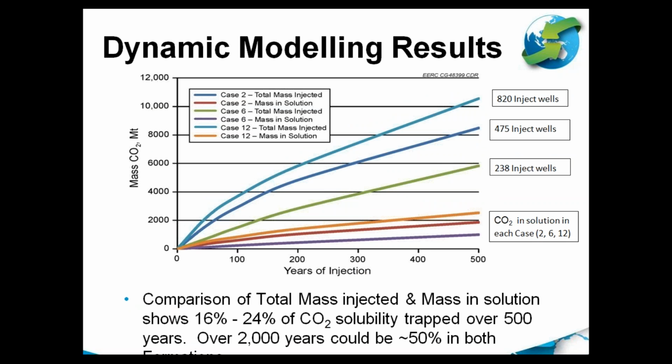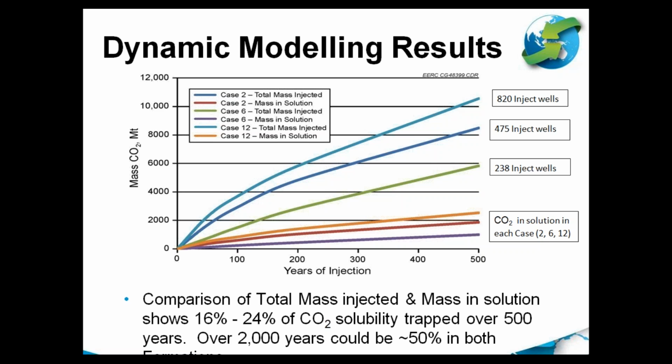So these dynamic modeling results show the variation that can be achieved assuming different wells. Now, I should stress that these wells are uniformly spread over the entire basin area. So again, it is a theoretical maximum.